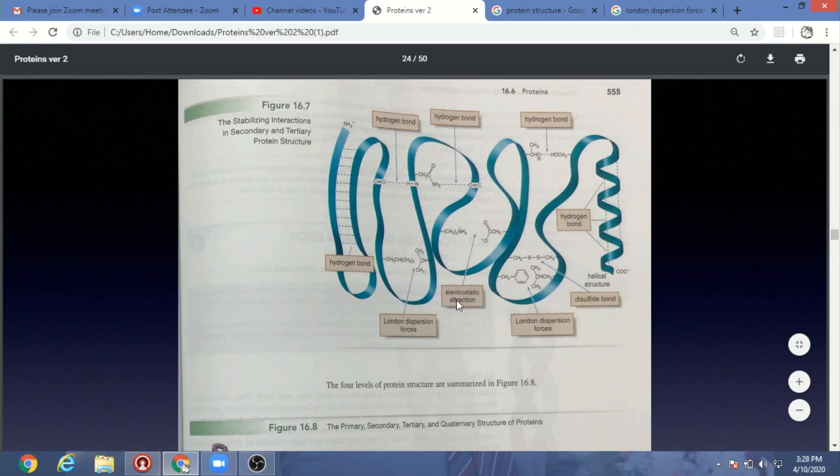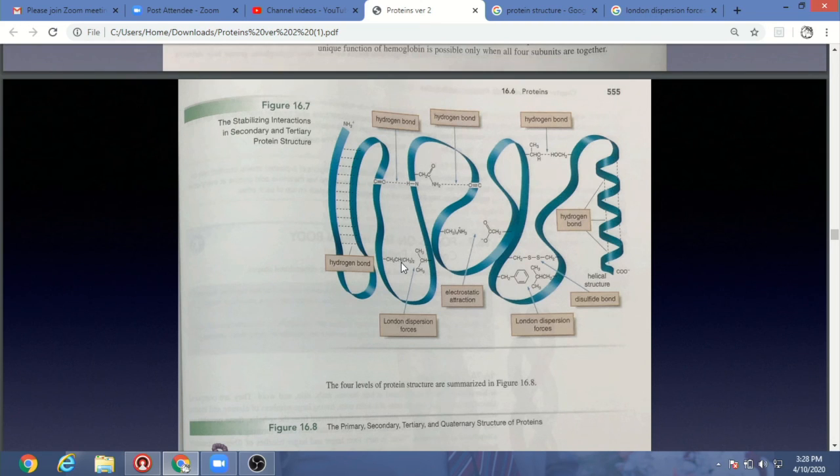You have electrostatic attractions that are kind of like hydrogen bonds between charged regions of side chains, R groups. You have London dispersion forces, which is literally just non-polar regions attracted to each other. Not in an electrostatic way, like positive attracted to negative, but just non-polar stuff attracted to other non-polar stuff, just because they're material, they're atoms.